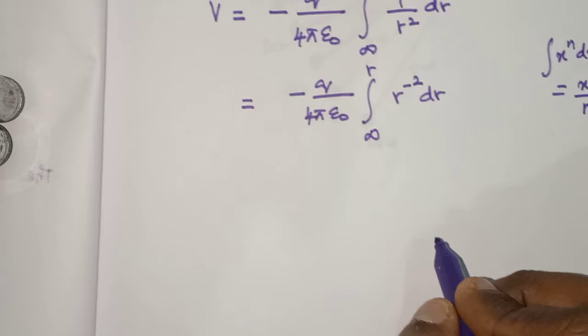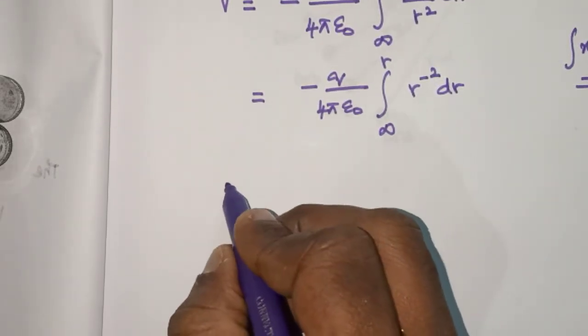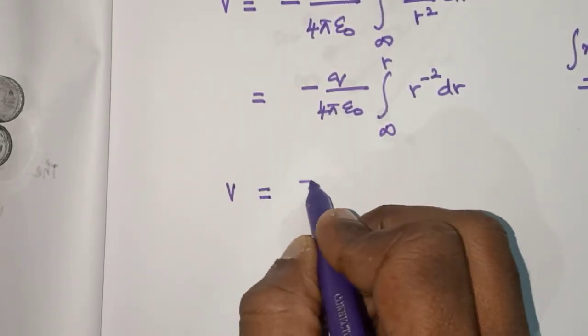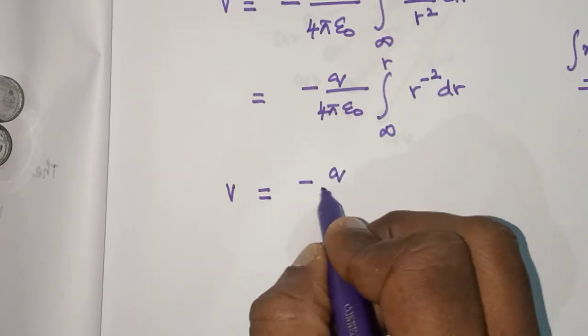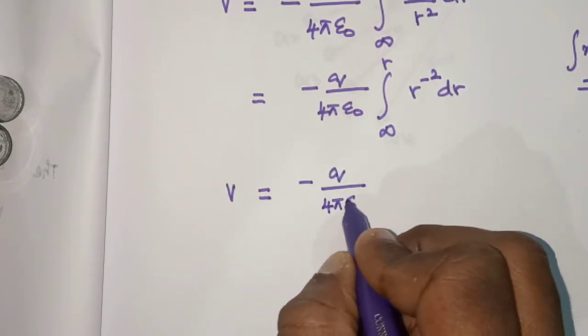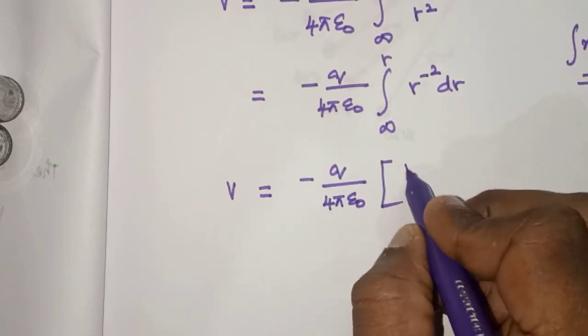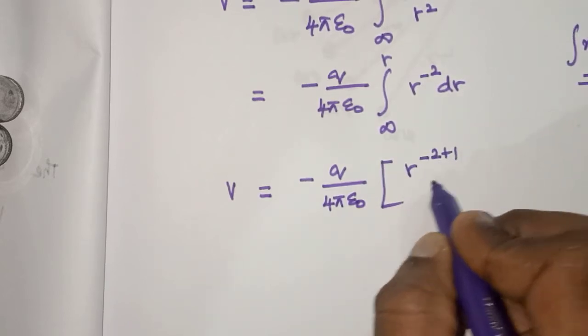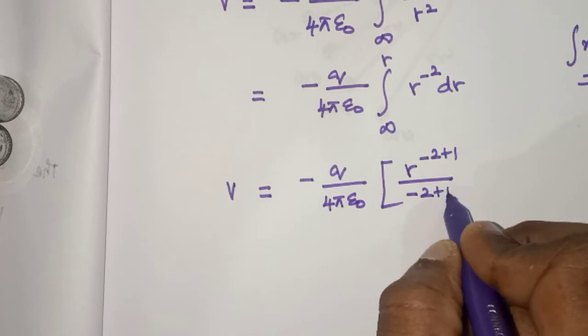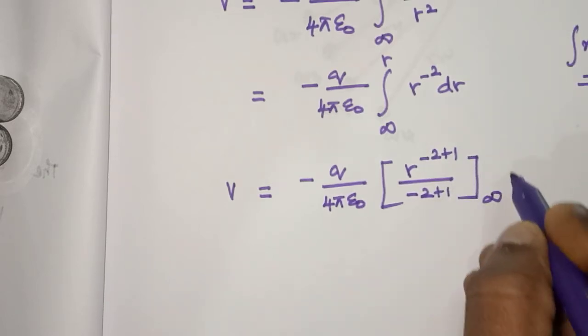Using this formula, V is equal to minus Q by 4 pi epsilon naught, r power minus 2 plus 1 divided by minus 2 plus 1, infinity to r.